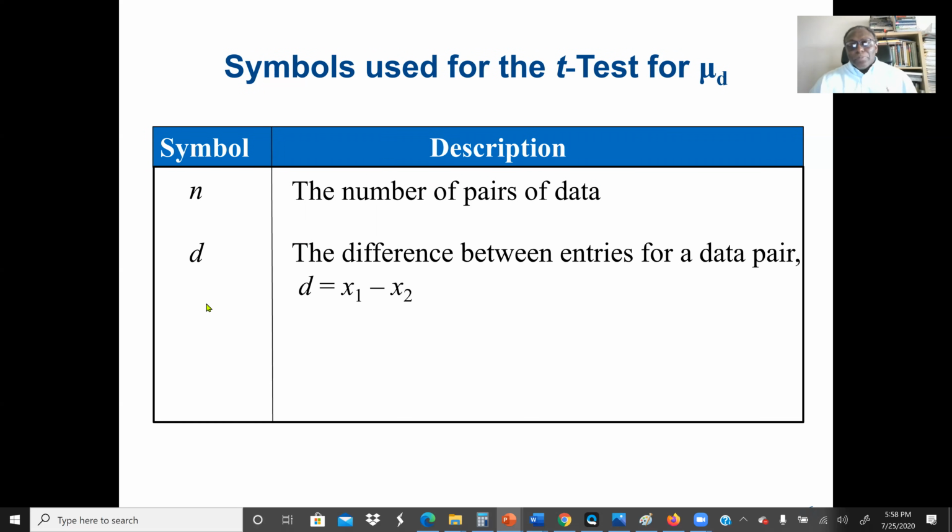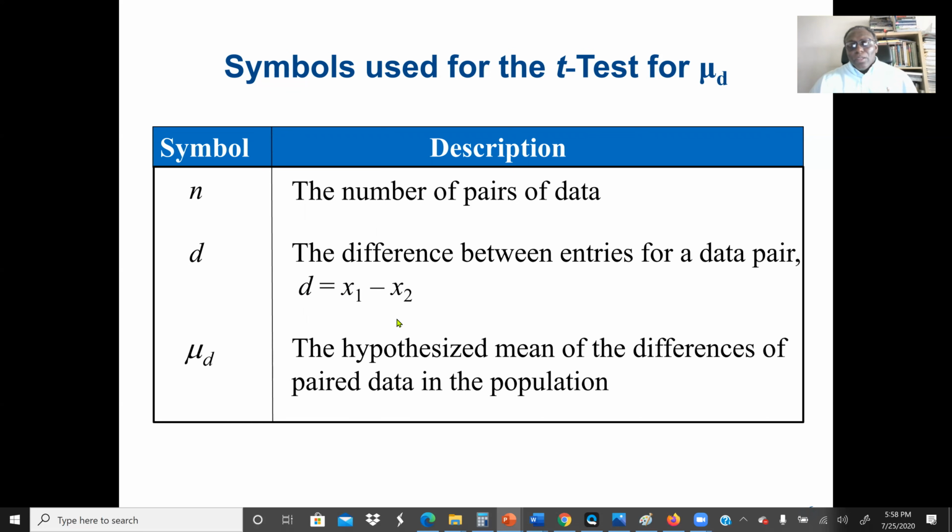Also, we have D. The lowercase d is the difference between the entries for the data pair. And we saw d equals S1 minus S2, meaning the first value in the first sample minus the first value in the second sample. Then we also use mu d.